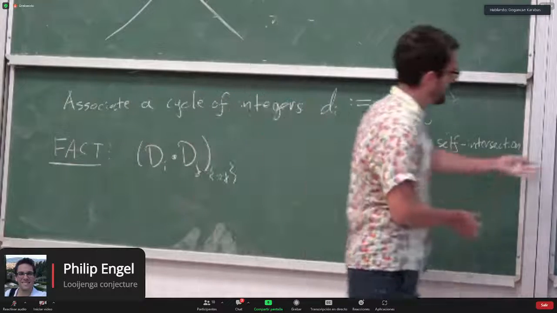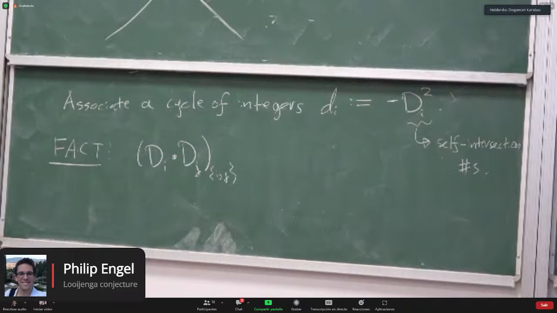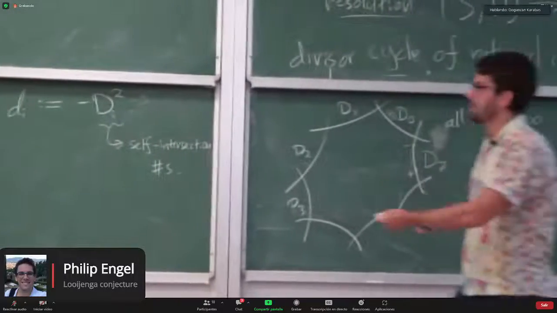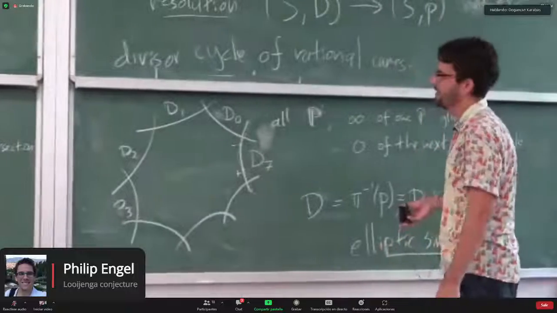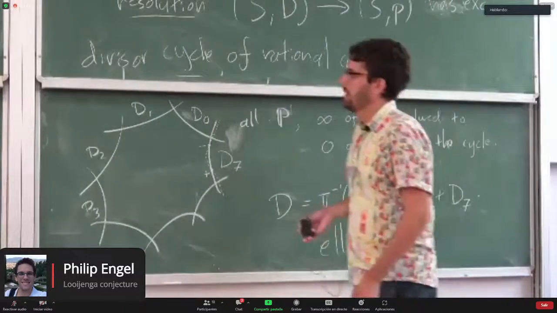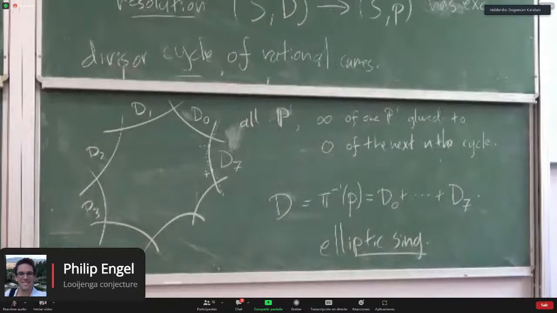So in this case, it would be a matrix encoding all of the intersection numbers. Oh yeah, maybe I should say, you don't have to take a self-intersection. You can also consider just the intersection between two curves. Well, what is this matrix?